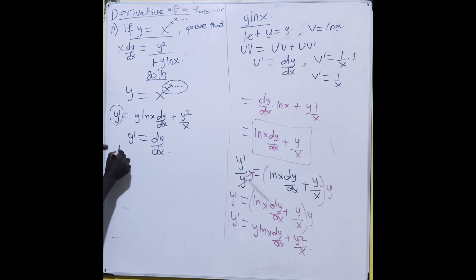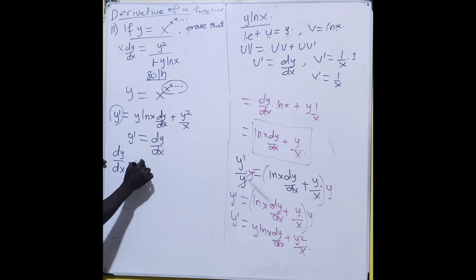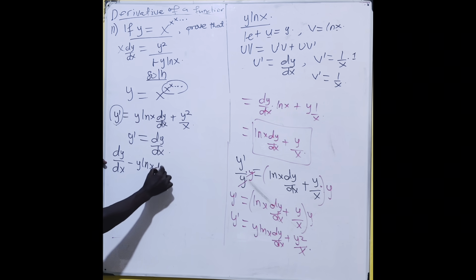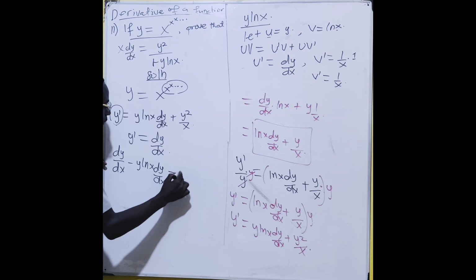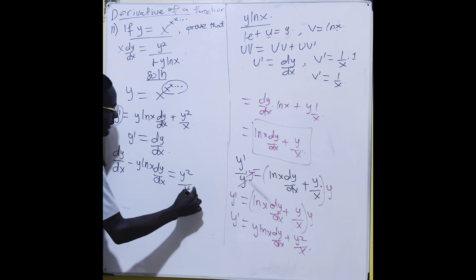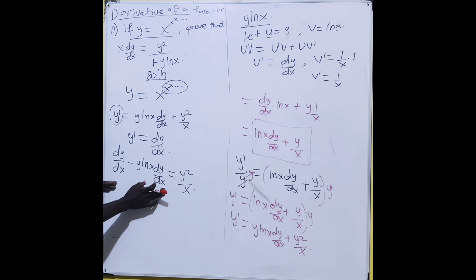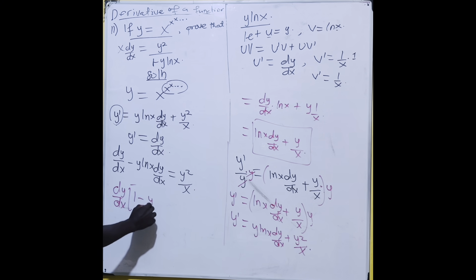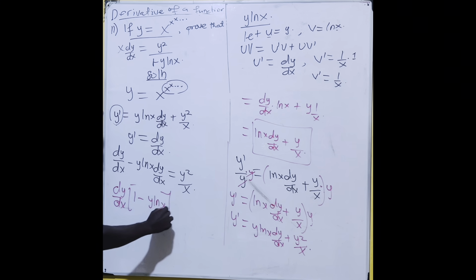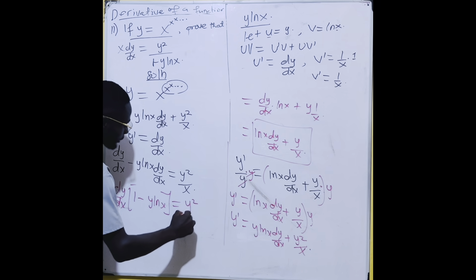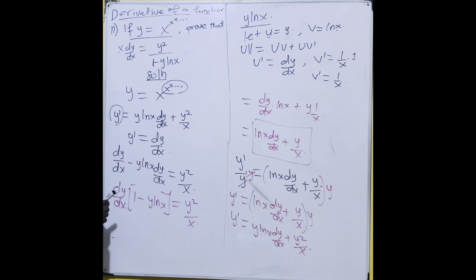So we have dy/dx, then we send this here, we have minus y ln x dy/dx equals y squared over x, right? So we factor dy/dx out, and then we have dy/dx into 1 minus y ln x equals y squared over x, right?